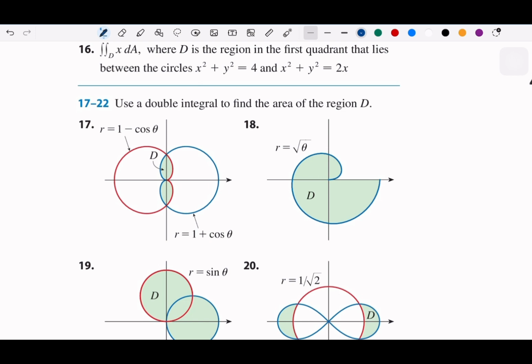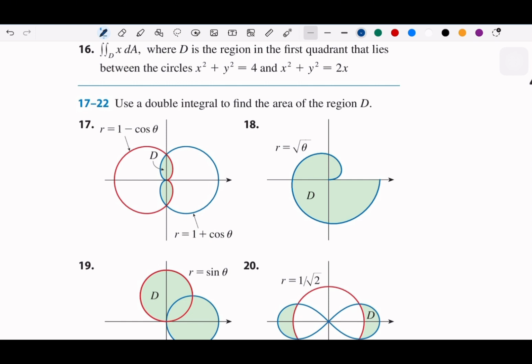For the region D, for number 17, they are in between these two polar curves.